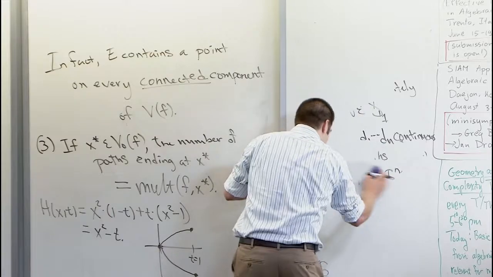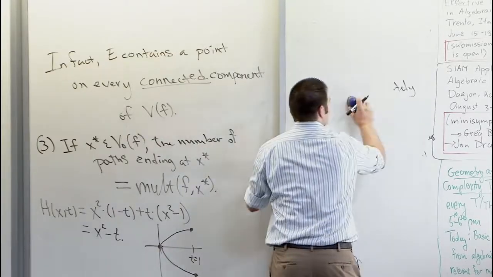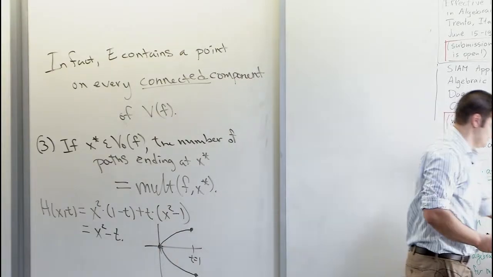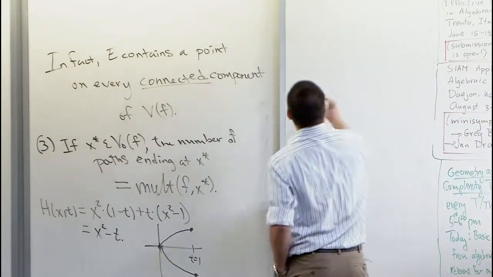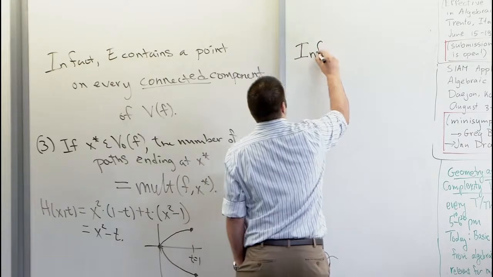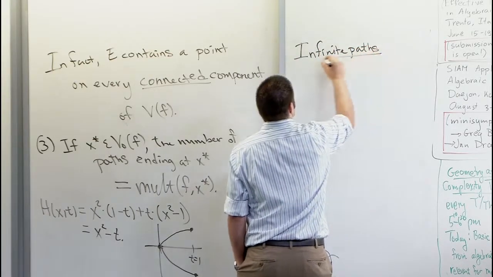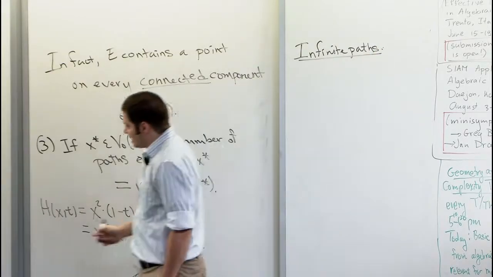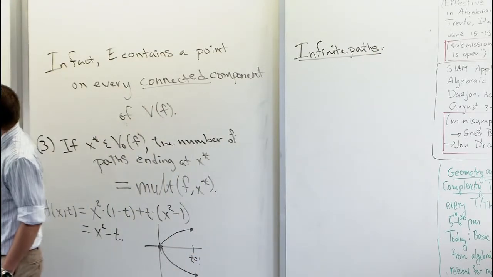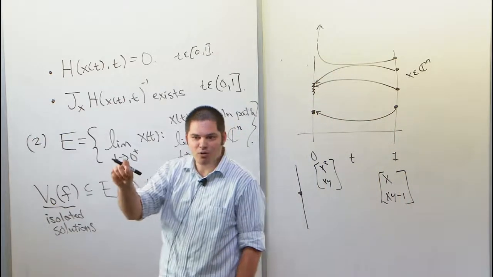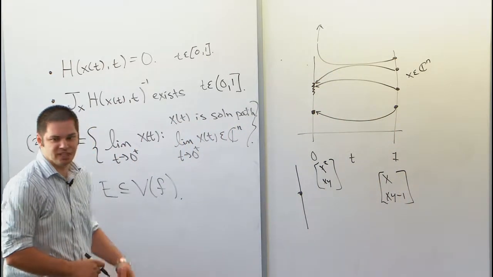People have brought up many concerns, so let me address some of those. If my system has no solutions, then all of my paths will diverge to infinity. How do I track a path that has infinite length?